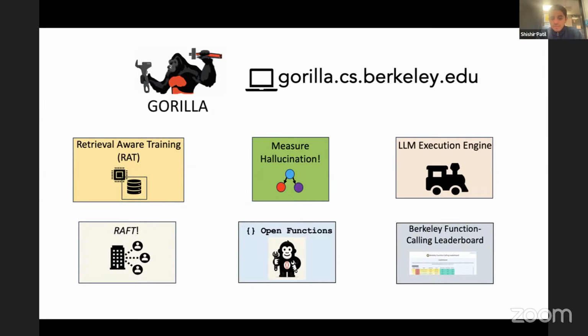And then the measuring hallucination, since it was so critical, we also used this metric to not just benchmark our models, but also a bunch of different models from open source and closed source providers as well. And so that's the Open Functions leaderboard. We also trained an Open Functions model, and there's a little bit of interesting work on the execution engine. How do you make sure that when these agentic systems are operating in the real world, they may tend to do things, they may tend to screw things up?